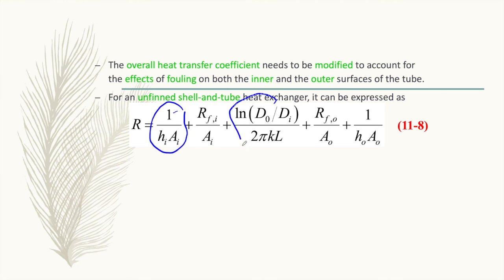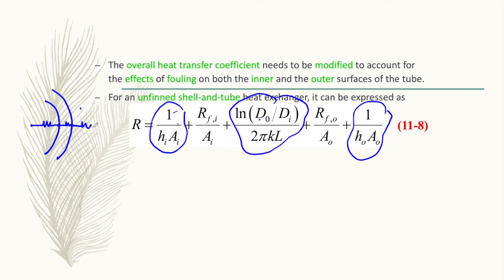So we have these terms: convection inside, then conduction, and then convection. If I draw here, previously we have convection, then conduction, and then convection.